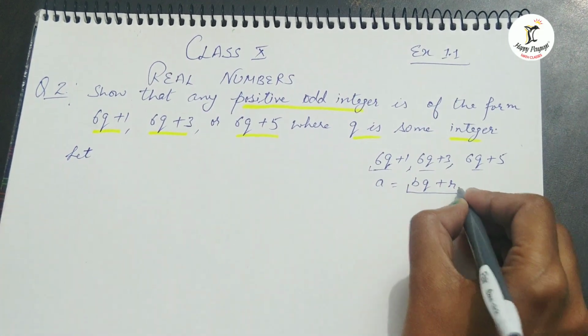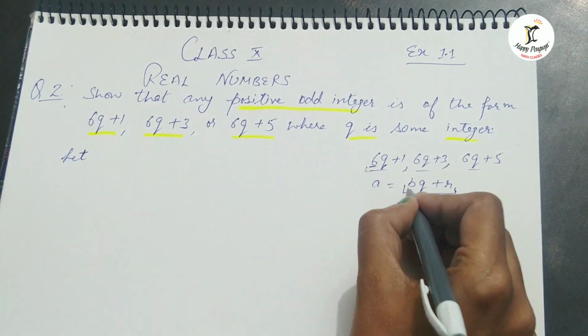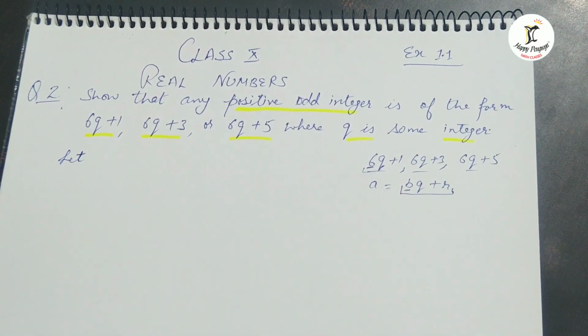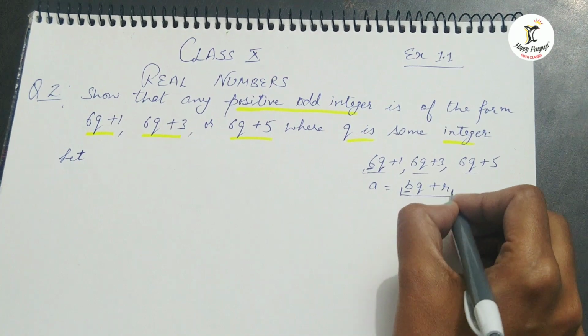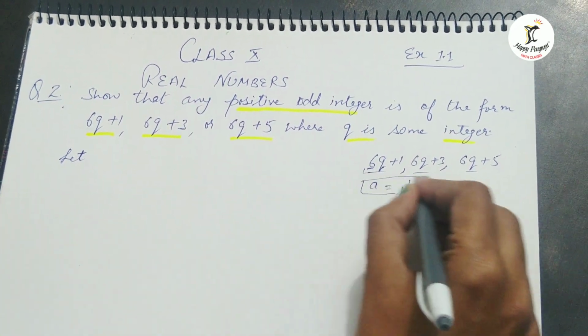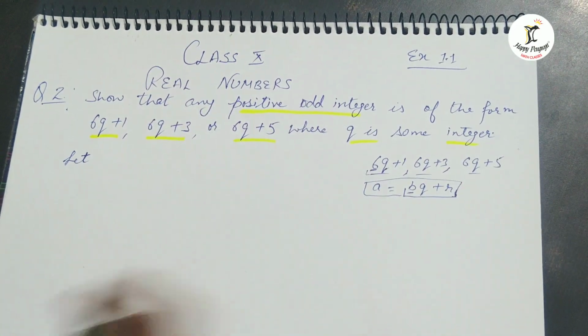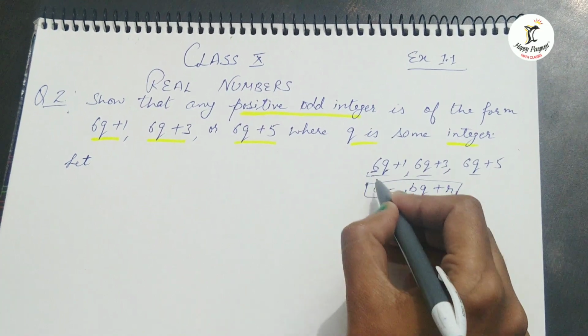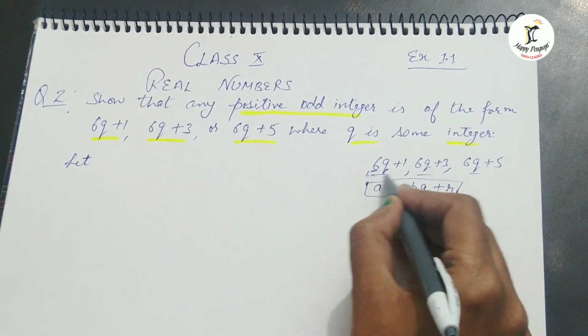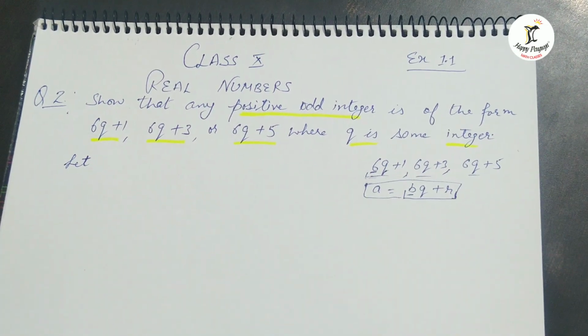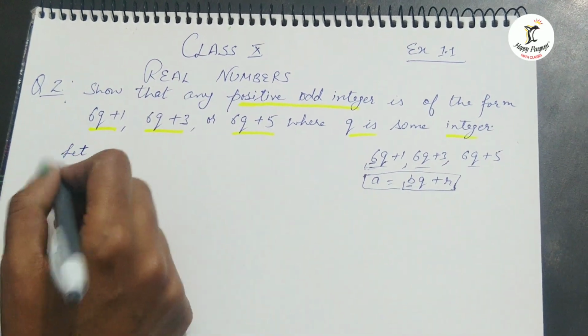This is the right side and here the value of b is 6. This is the formula of Euclid's division algorithm. That means we have to apply the steps on the numbers. Let's do it practically.